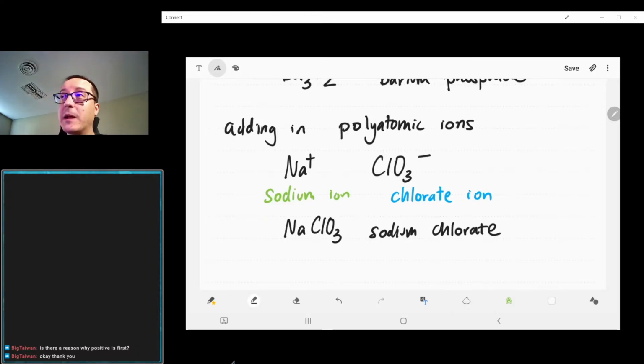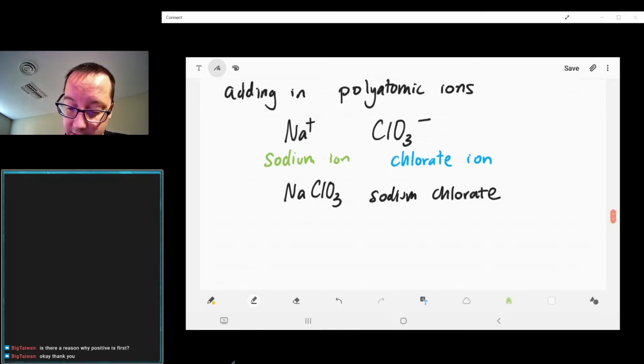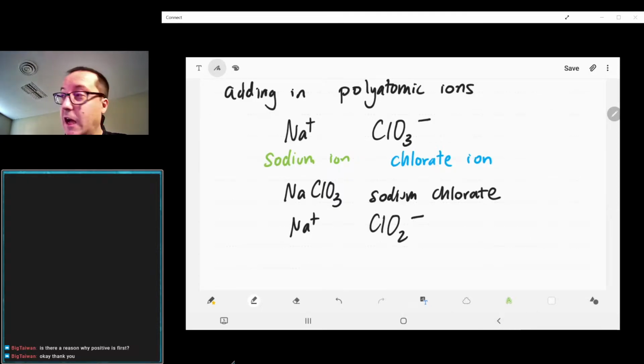And we're going to see spelling is going to matter here because if you had sodium chloride, that does not have these 3 oxygens. Sodium chloride just has the monoatomic chloride ion. And just to make things worse, a lot of these ions sound similar to each other, so just beware of that.